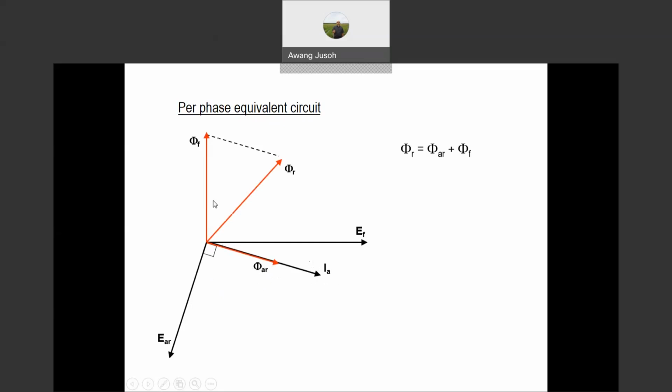So if we add flux F plus flux ER just now, we get the resultant flux. You just write the vector only. So this one plus flux ER gives the resultant flux. Flux R represents the resultant flux in the machine now.